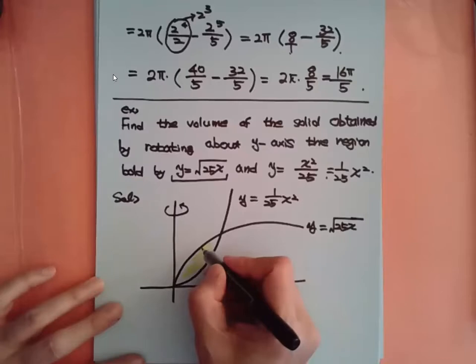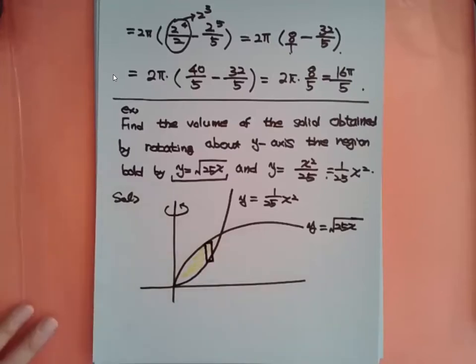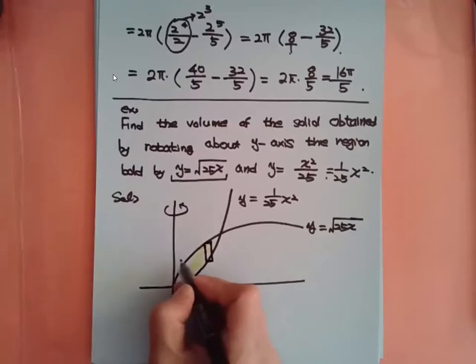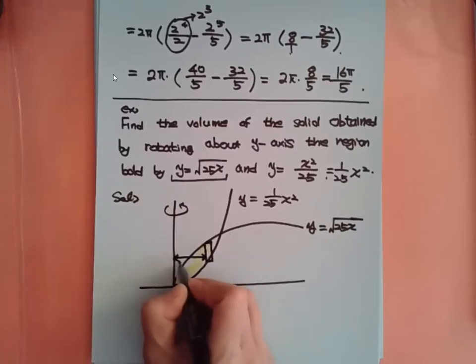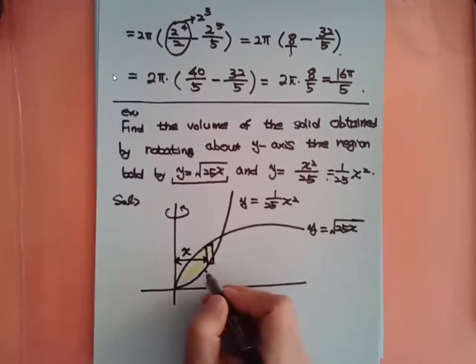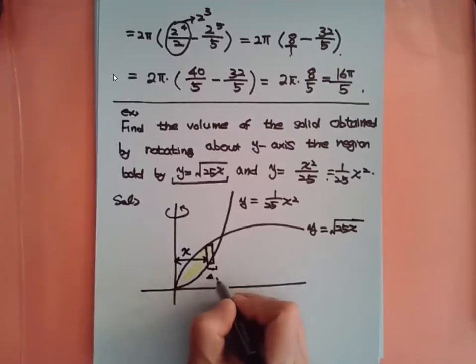So we draw this vertical stick like this. Then the distance between the y-axis and this stick is x, and we think about delta x.